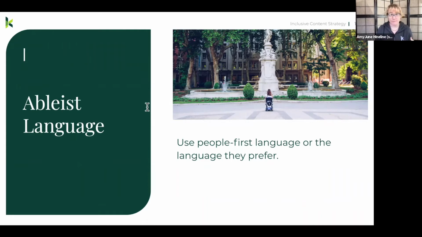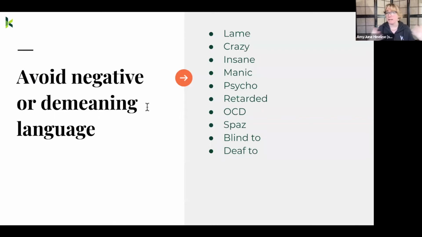And the next slide, I have some ableist language that we might not think about, that we might use in everyday language. But going back to that people first language, we want to make sure that we use language that people prefer too, because whereas some people prefer that person first language, other communities like the deaf community really want to just say deaf or blind.